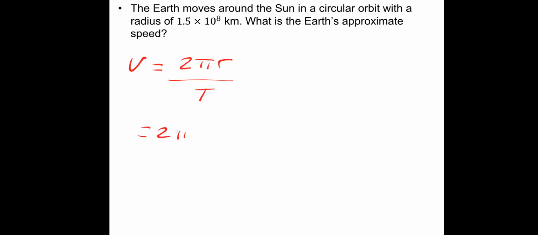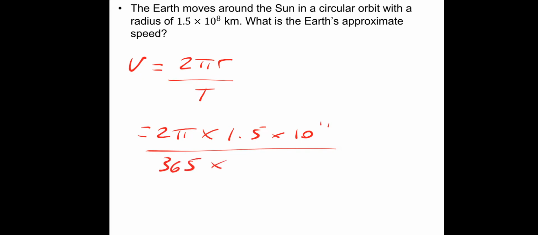So we've got 2 pi multiplied by the radius of the circle, which is 1.5 times 10 to the 8, and then times 10 to the 3 on top of that to turn it into meters. So times 10 to the 11 meters divided by the time period. So it's 365 days, and there are 86,400 seconds in each day.